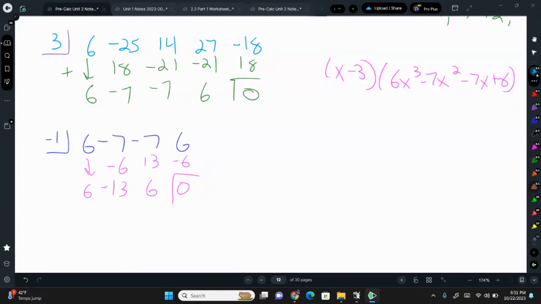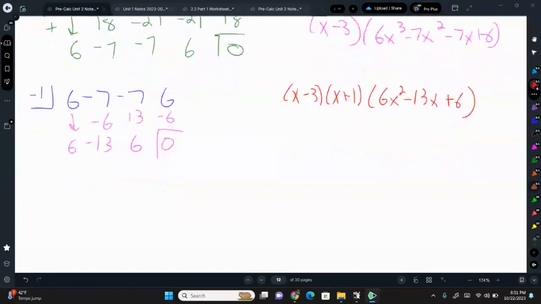So negative 1 is a solution, so x minus 3, x plus 1, and then we are left with 6x squared minus 13x plus 6. So now we can factor, hopefully, this right here.